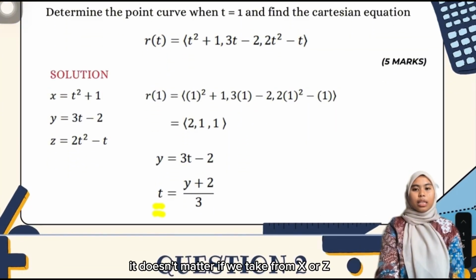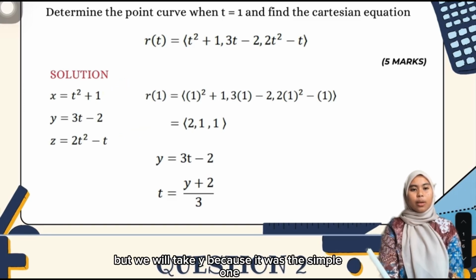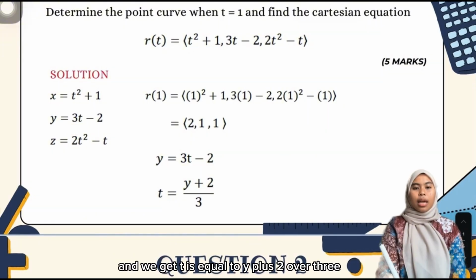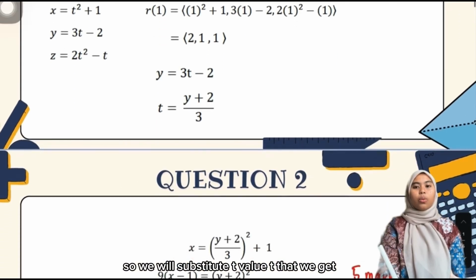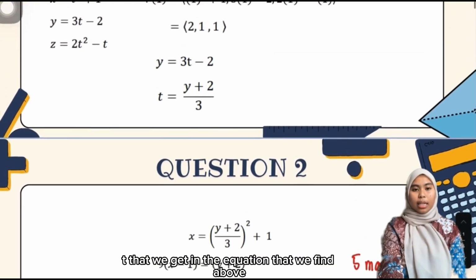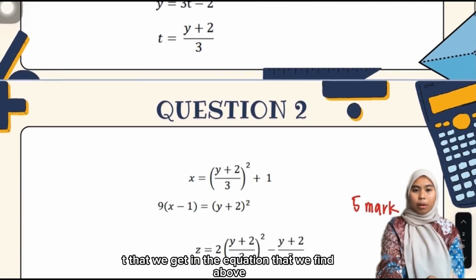So we need to find the t as a subject. It doesn't matter if we take from x or z, but we will take y because it was the simple one. T doesn't have any square. And we get t = (y + 2)/3. So we will substitute the value t that we get in the equation that we find above.